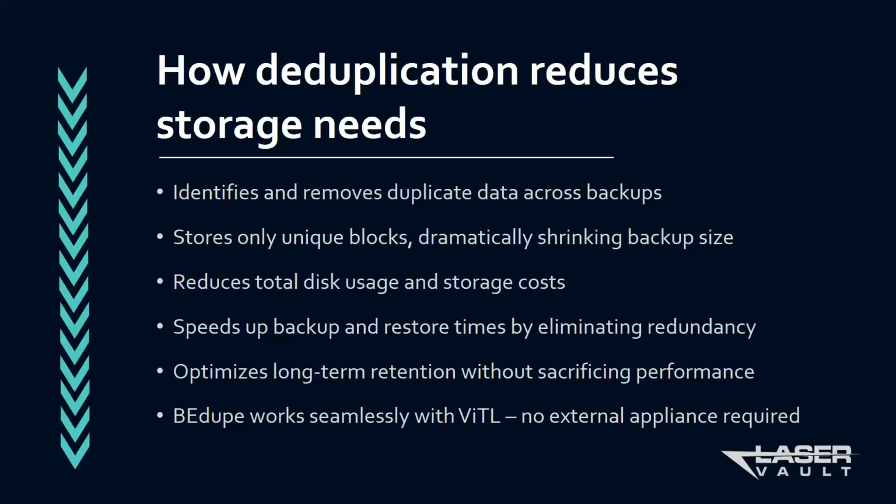So you're going to only have to store unique blocks of data. Any blocks that contain only new or changed data are going to be saved, therefore reducing the amount of duplicate data being stored. So you're going to reduce the total disk usage and reduce your storage costs. You're going to speed up backup and restore times by eliminating that redundancy.